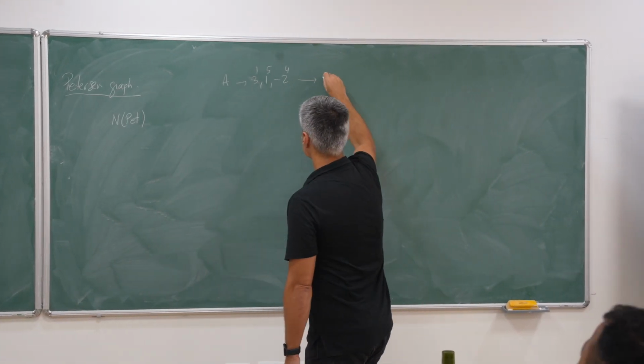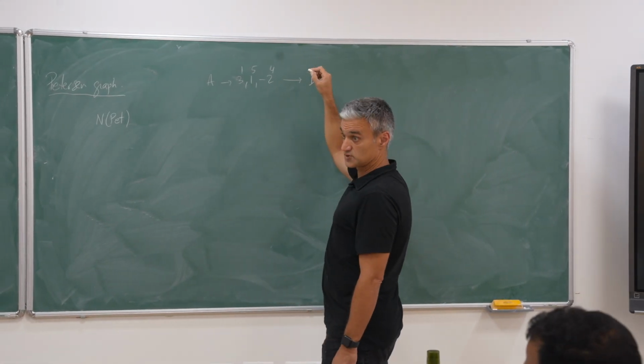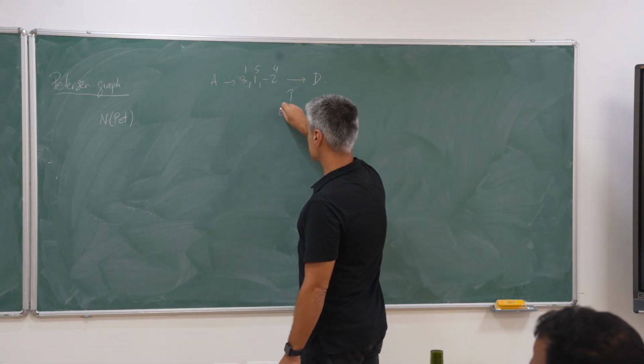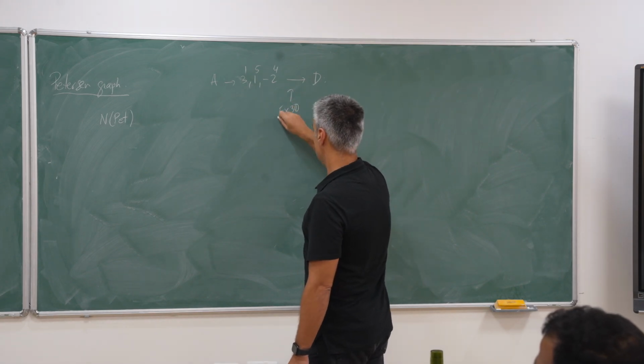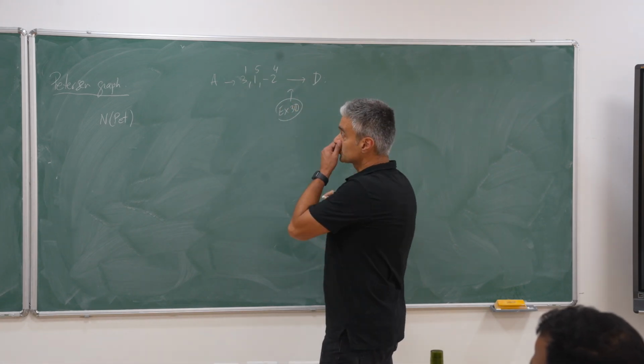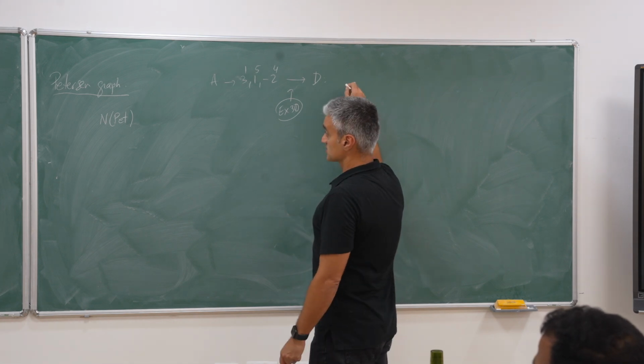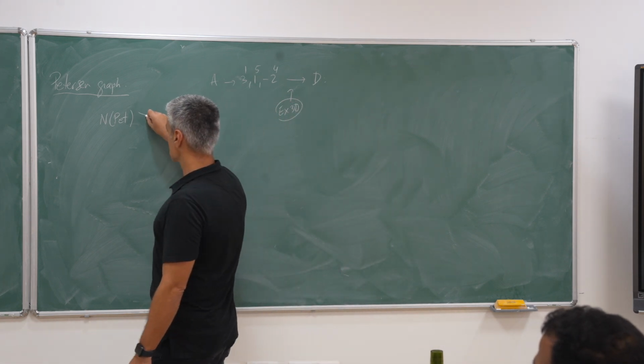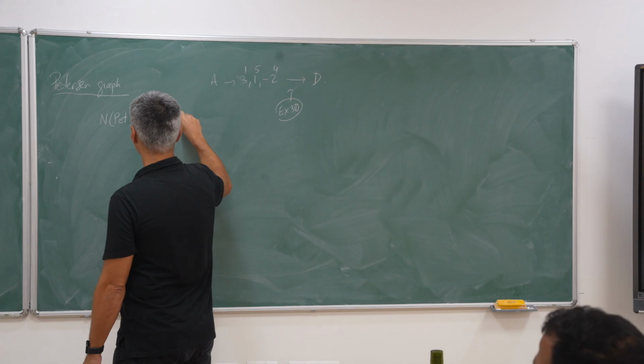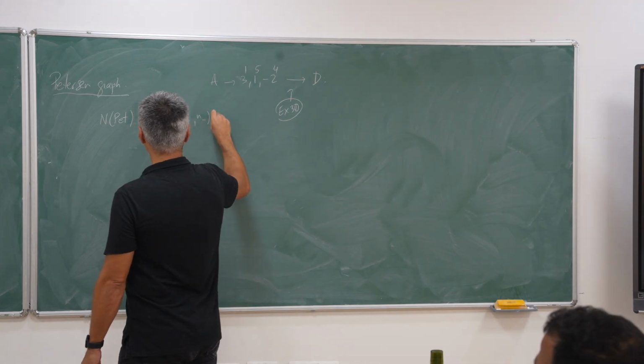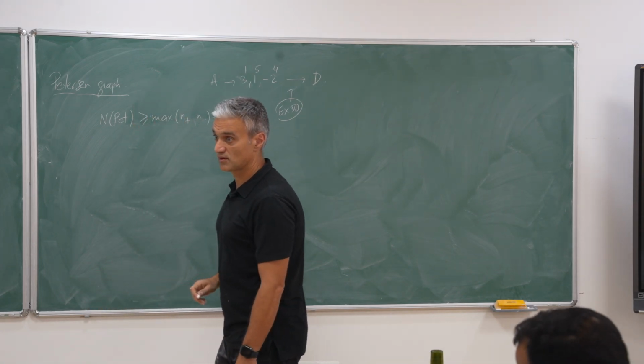So, exercise 30, calculate it. And what you get from there is that the number of positive and negative eigenvalues is greater or equal than max of n plus and n minus, I think you get a 5.